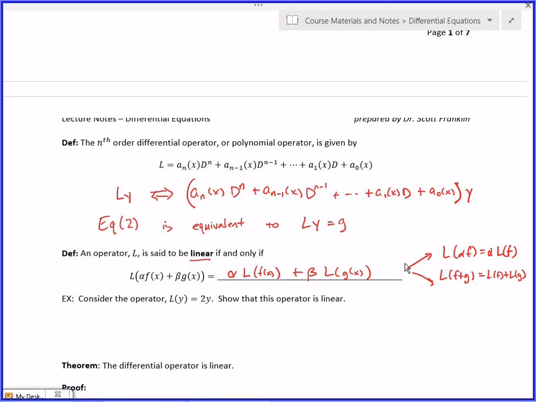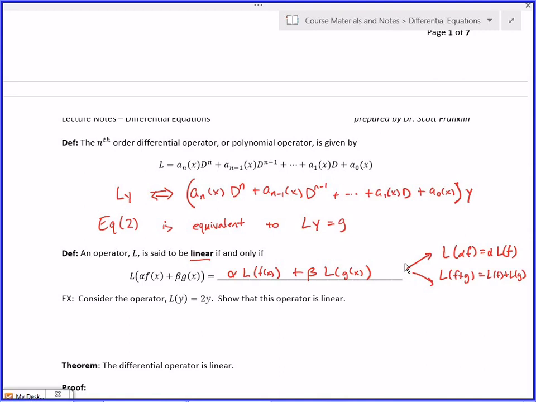Just think of plugging a function inside of a trig function, sine of f of x. If you have an alpha inside, you can't just pull the alpha outside of a sine. So some things that you put inside of other functions, you can't pull constants in and out. Derivatives you can, integrals you can, trig functions as operators you can't.